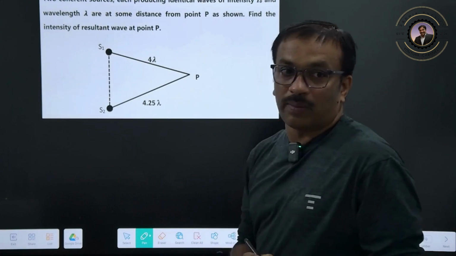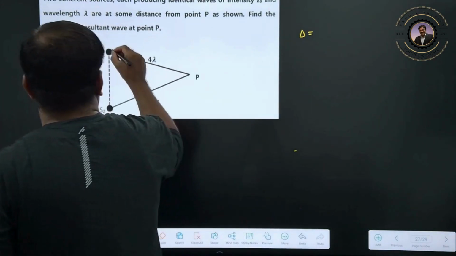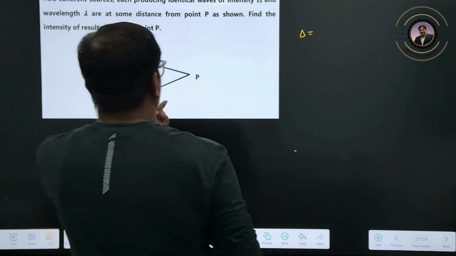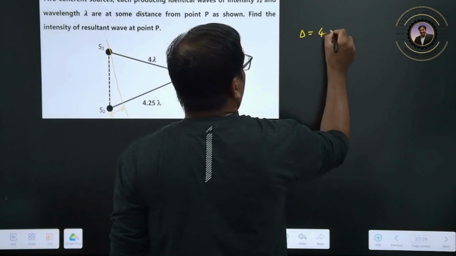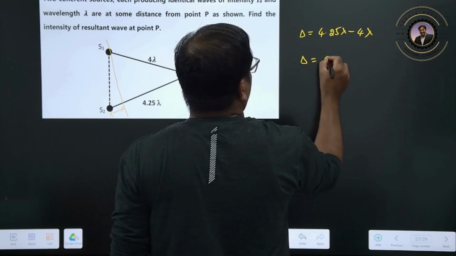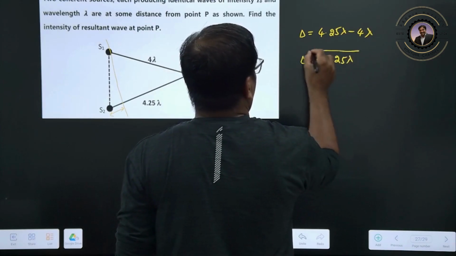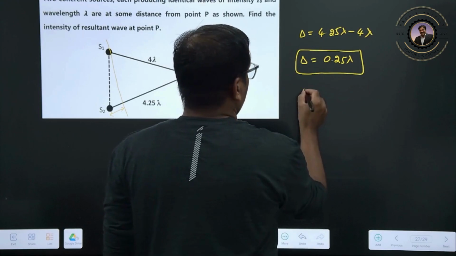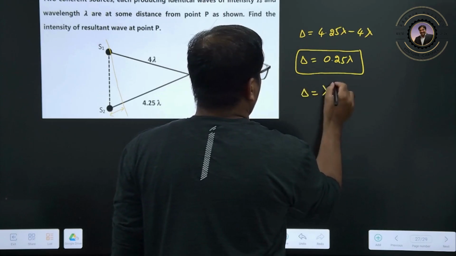This is traveling extra distance. What can you write now? 4.25 lambda minus 4 lambda. So path difference is nothing but 0.25 lambda, and 0.25 means 1 by 4. So path difference is nothing but lambda by 4.